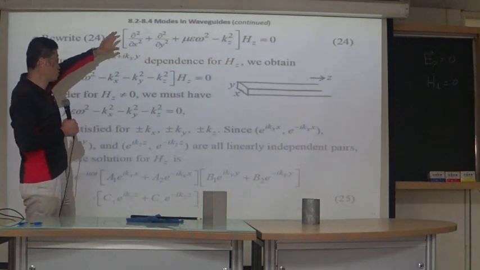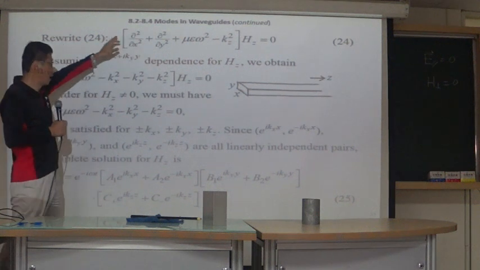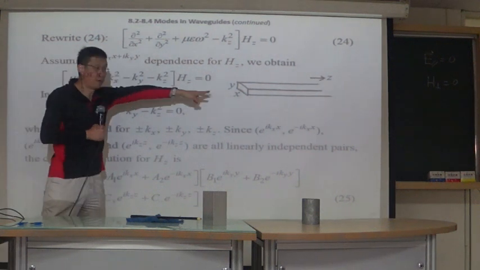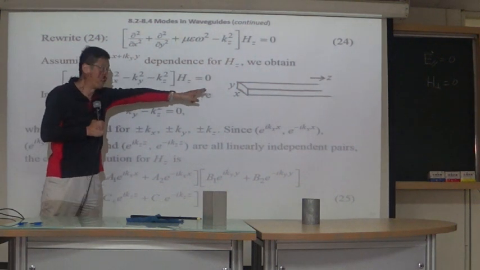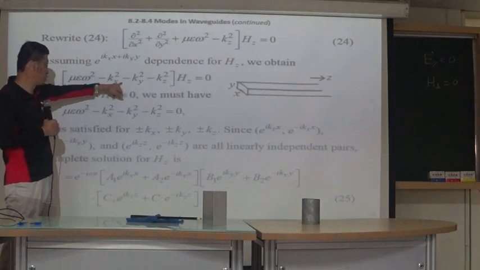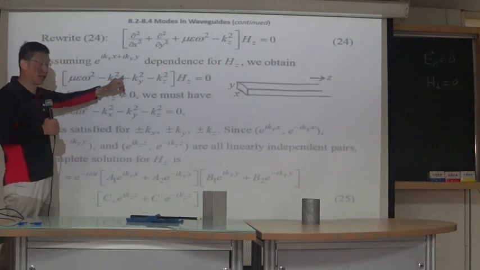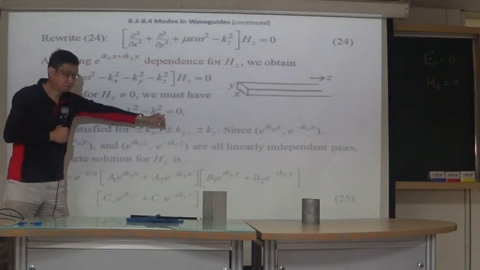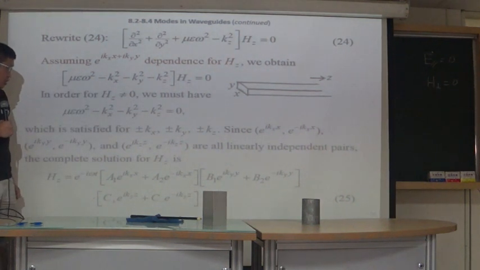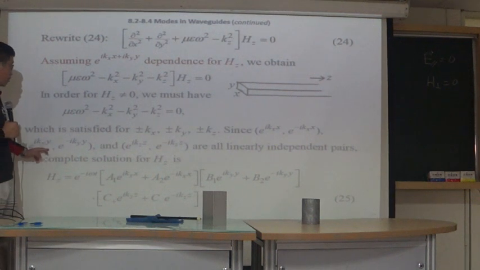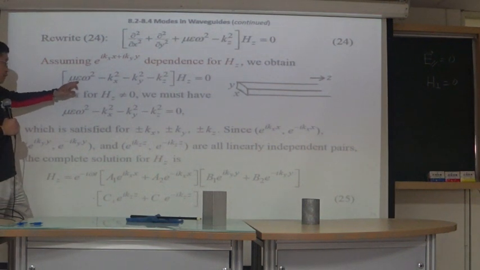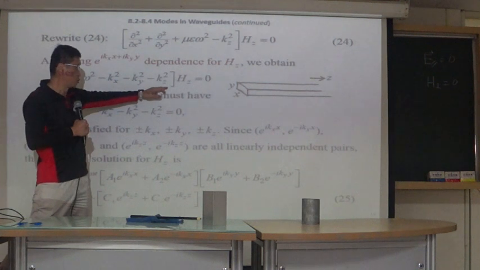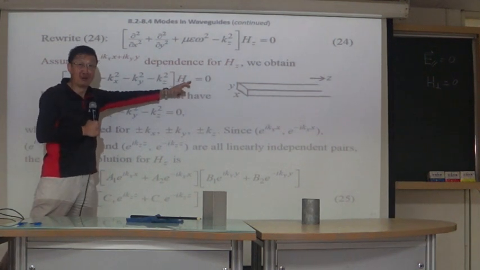Separable is good news. And because we can separate them for the rectangular waveguide, we can rewrite into this one and this one. And that should be 0. That must be 0. If this one does not equal 0, then this one will be 0.